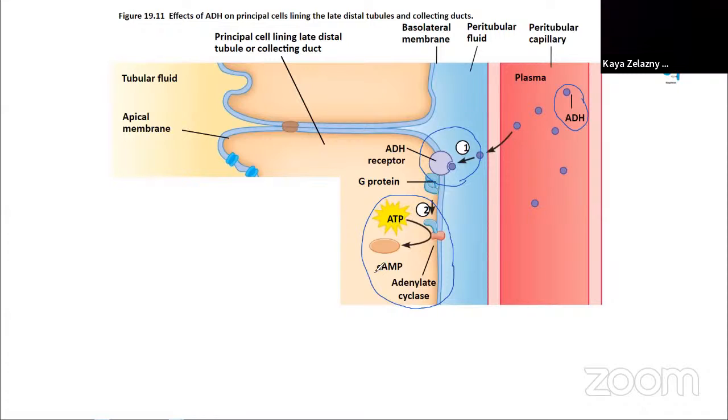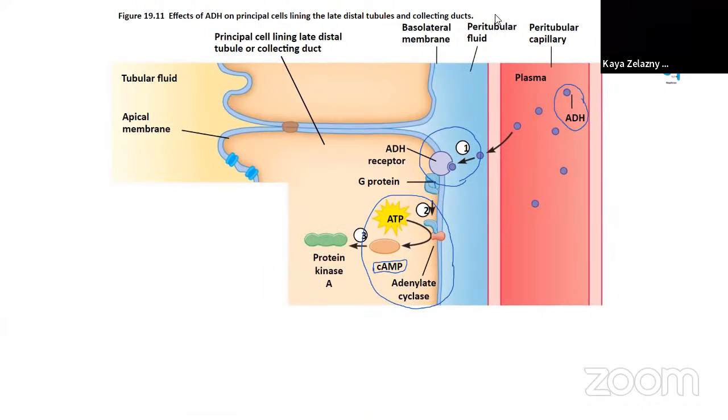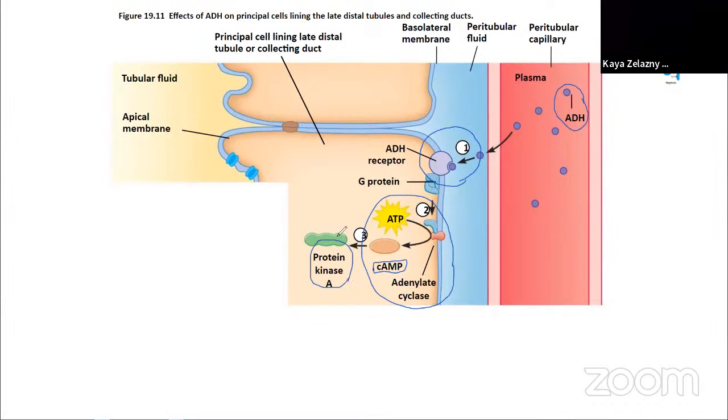Cyclic AMP is a very common second messenger that we see in our cells. So we're passing the signal, telling this cell, hey, there's ADH in our blood. There's a signaling pathway, and in this case it happens to be through protein kinase A.